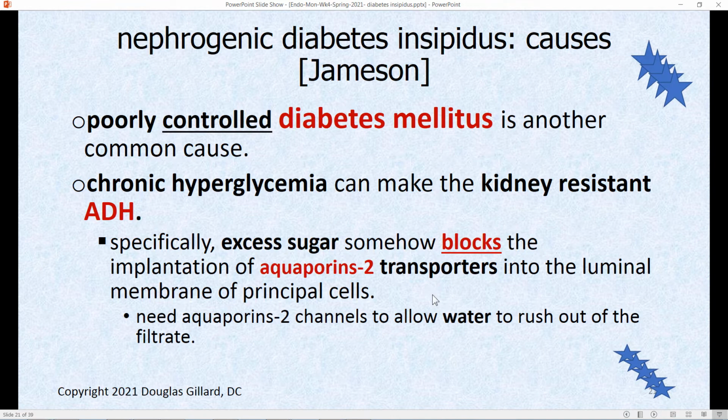And it can take water right past the principal cells in the collecting ducts. But excess sugar also blocks the insertion of aquaporin transporters. So that's yet another mechanism by which diabetes mellitus can cause a diabetes insipidus type syndrome.